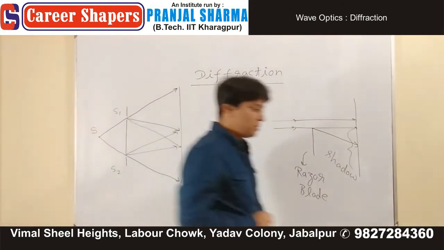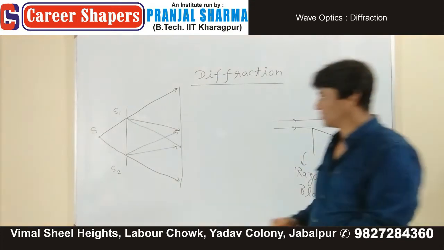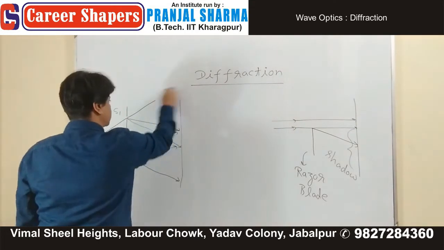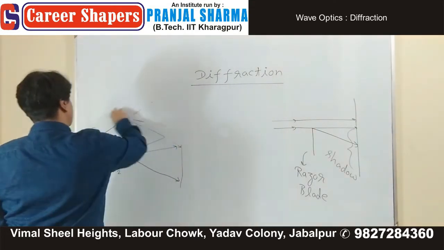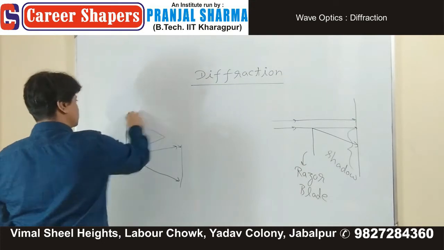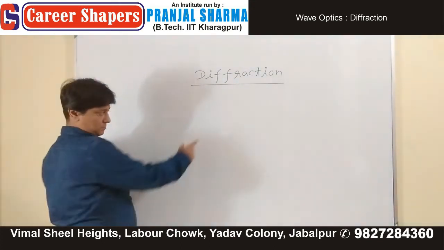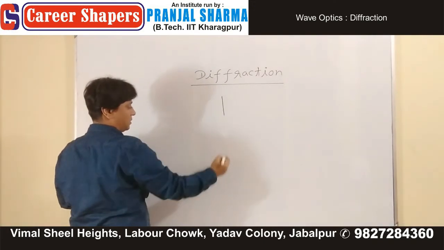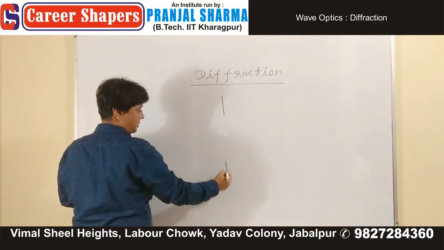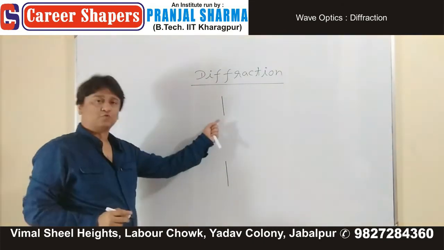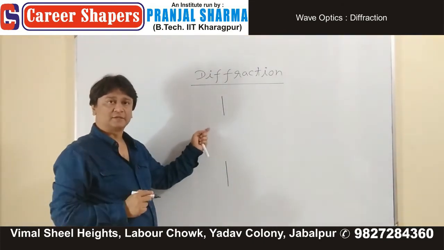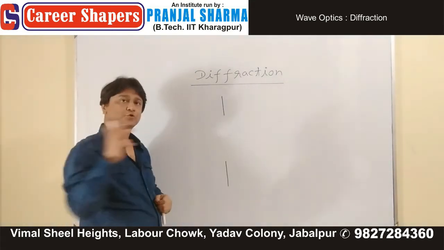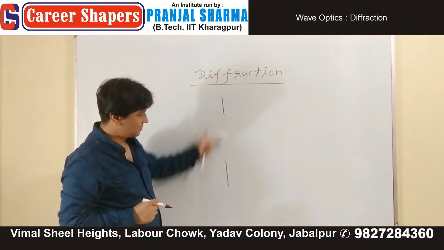Now, what basically is diffraction, and how does this bending take place? Let's understand this with the help of Huygens principle. Look here. This is one of the slits in YDSE, S1 or S2. If you zoom in, you will find this much spacing.